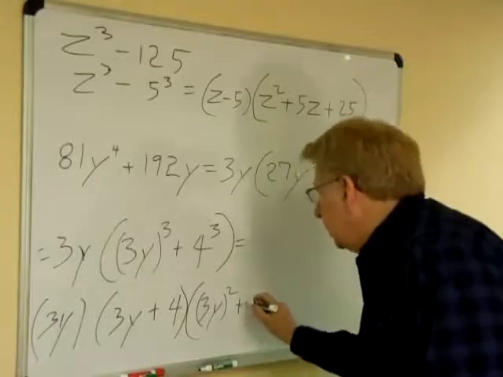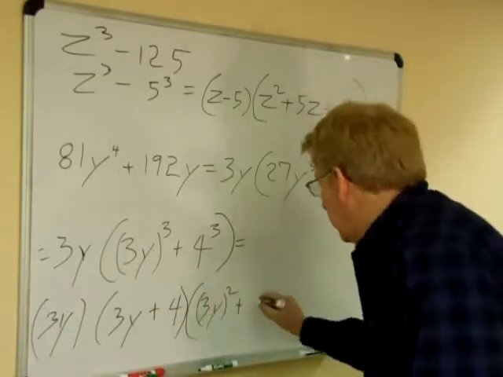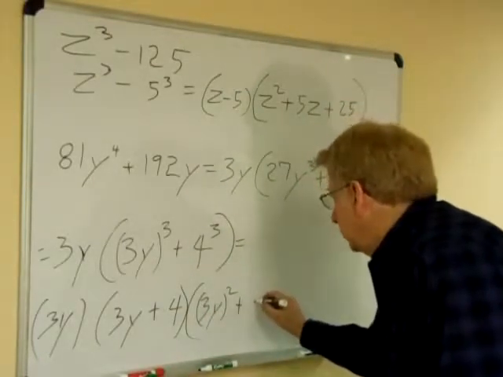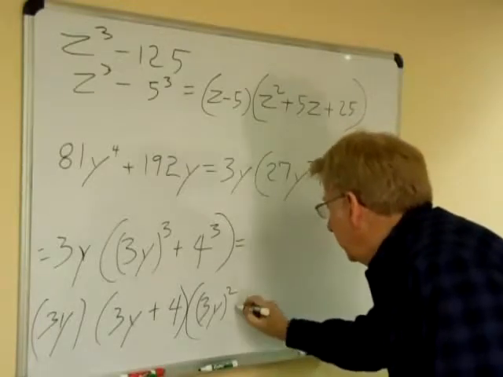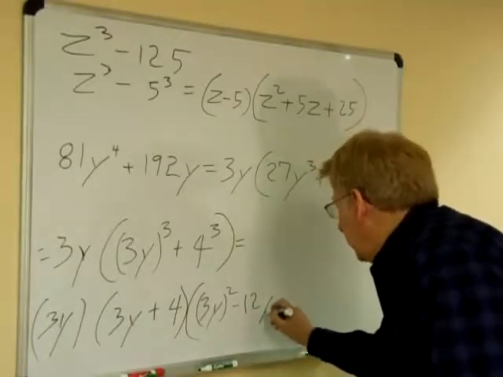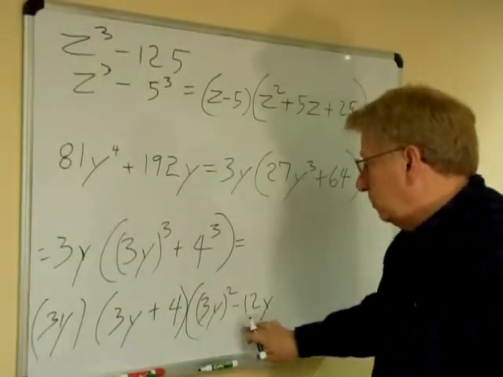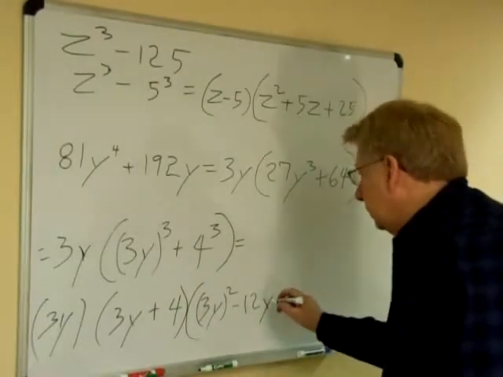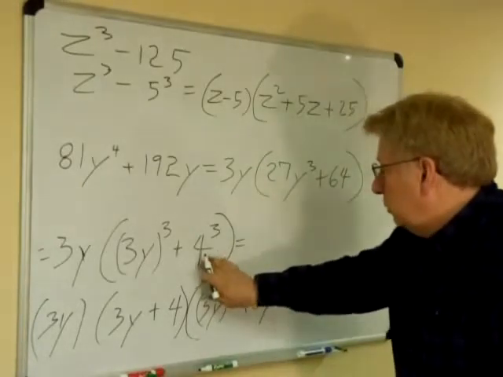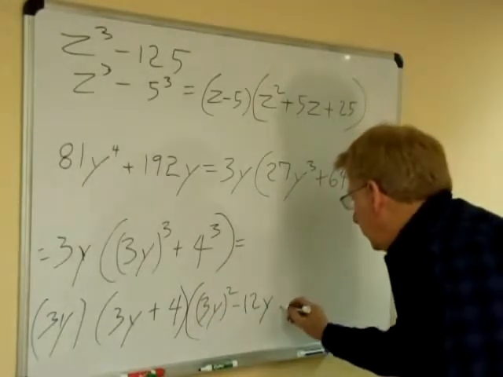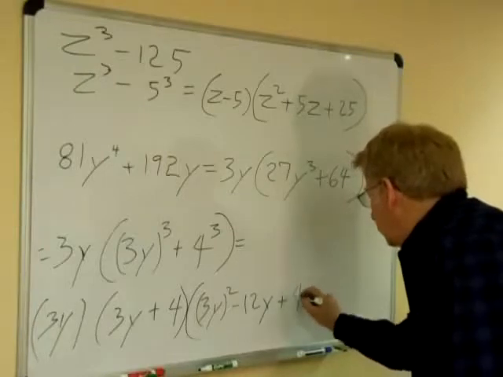Okay, and then plus the product of the two, 4 times 3y, and it'd be a negative, so minus 12y, product of a and b with a minus sign. And then we would have the b term squared. That would be 4 squared.